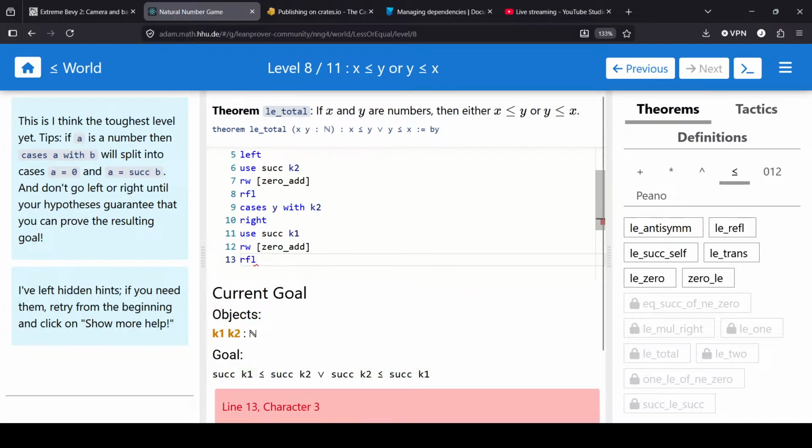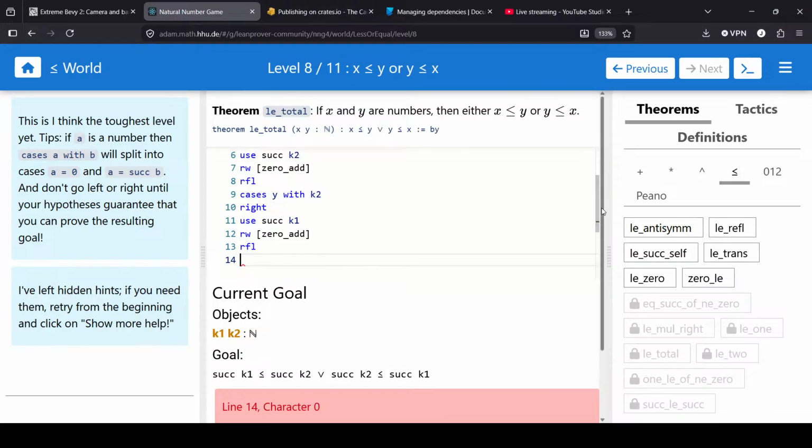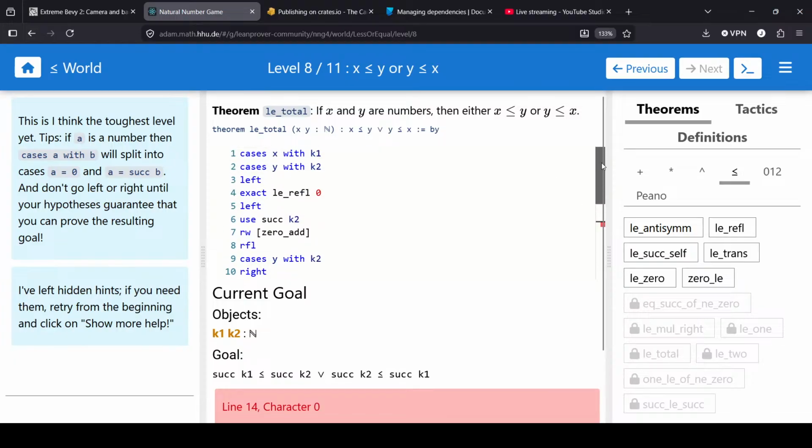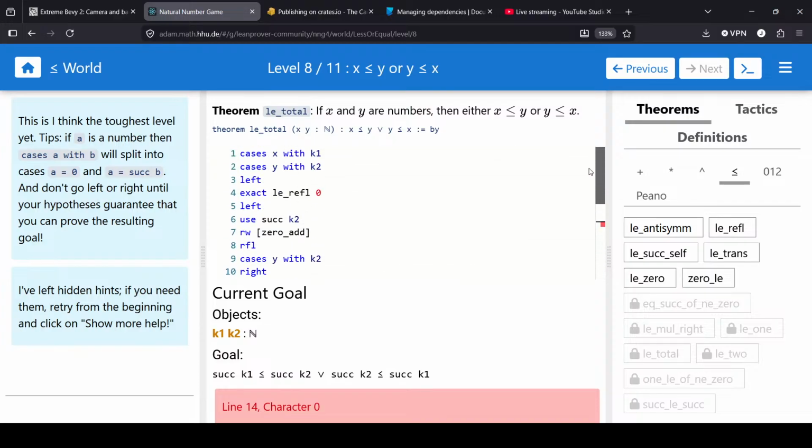Yeah, get rid of you. Now we're in this case. Isn't there a thing that allows me to remove the succ? But then, how would I ever prove that K1 is less than or equal to K2? I can't define them in terms of other things. Wait, this feels like induction now.